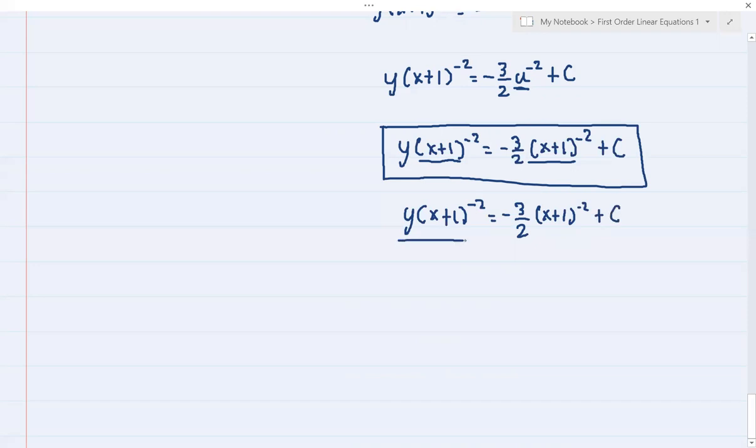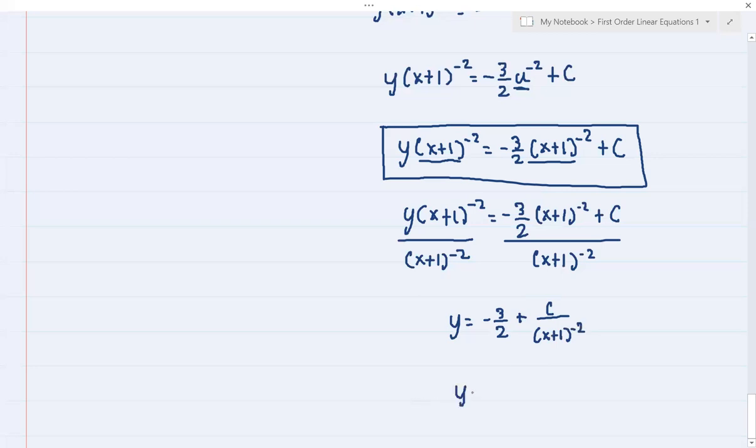We can actually divide both sides by (x plus 1) raised to negative 2. So we will have y is equal to negative 3 halves plus c all over (x plus 1) raised to negative 2.